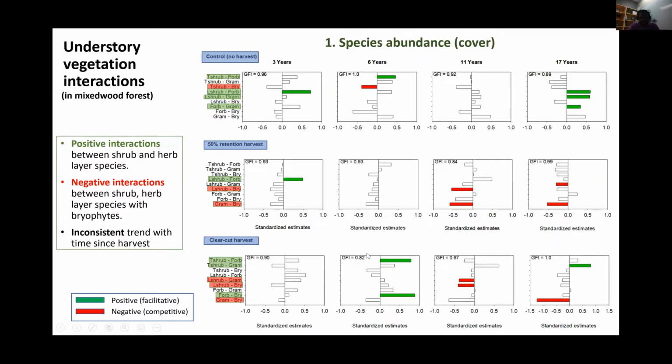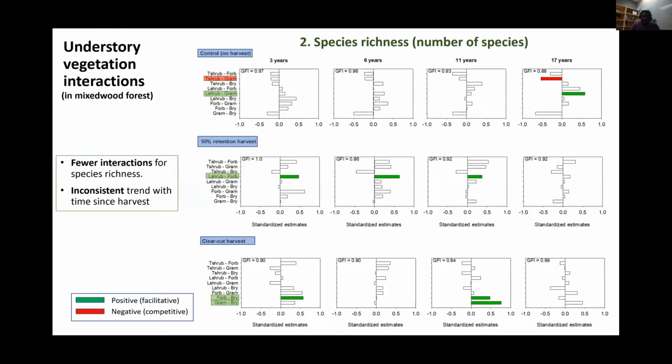So by 6 years post-harvest, you can see strong signals of the facilitative interactions between the shrub layer species and the herbaceous layer species. By 11 years, 17 years post-harvest, the signal of herbaceous, so graminoid and bryophyte, for example, is a significant negative interaction. It could be that they are being outcompeted for space through time.